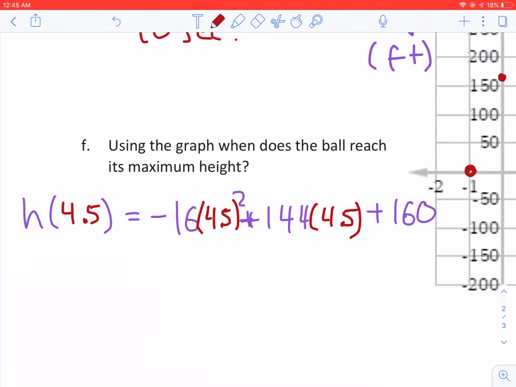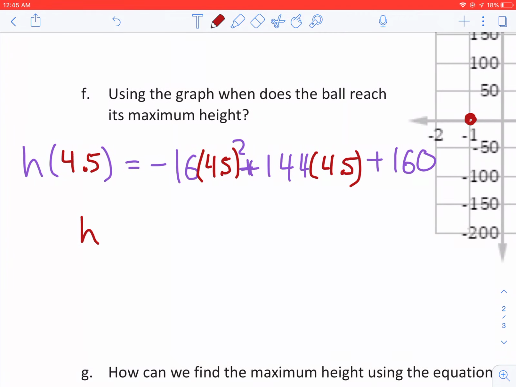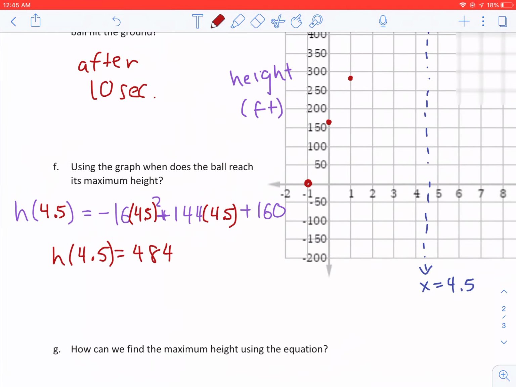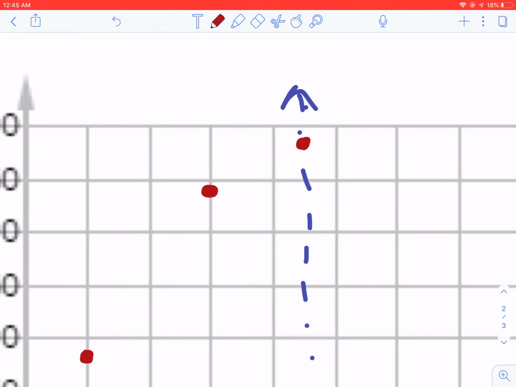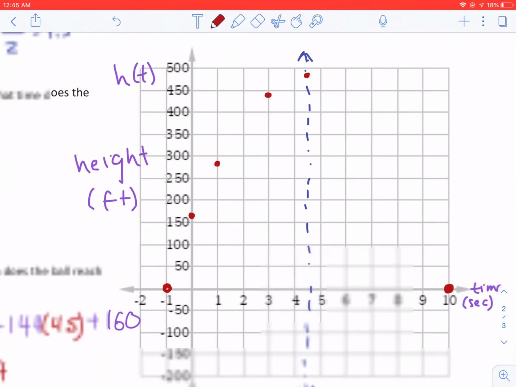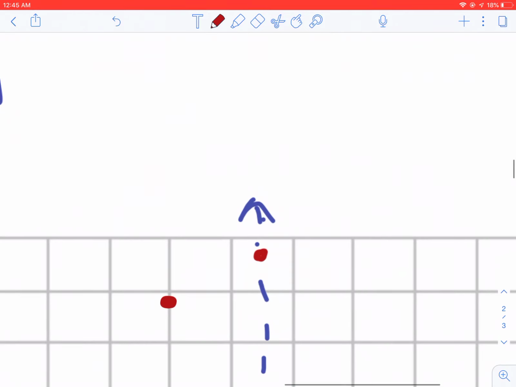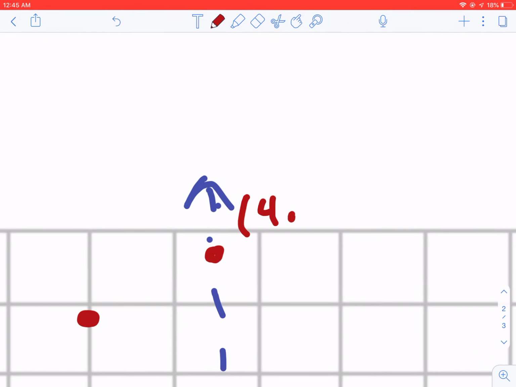Alright, take a second, type that into your calculator. H of 4.5 is going to equal 484. So this point right here, 484, is a really important point, so I'm going to label the coordinates of this point 4.5, comma 484.